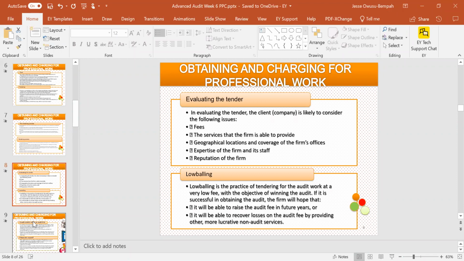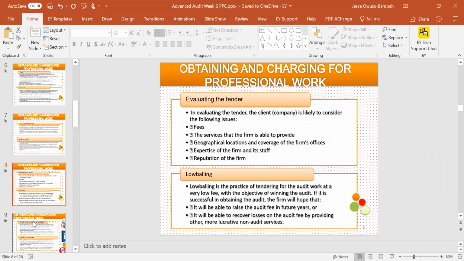Those are some interesting views right here. So to answer your question, when you are going to submit a fee to a client and you tell them you charge $30,000 or $100,000, they don't just accept it.